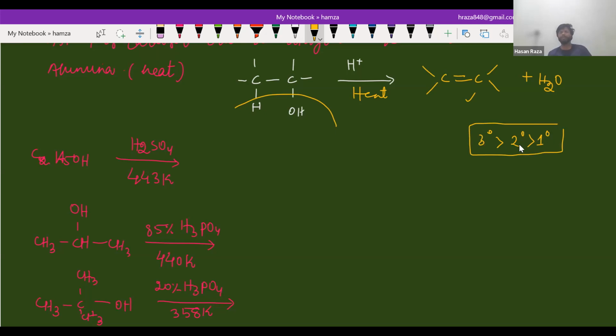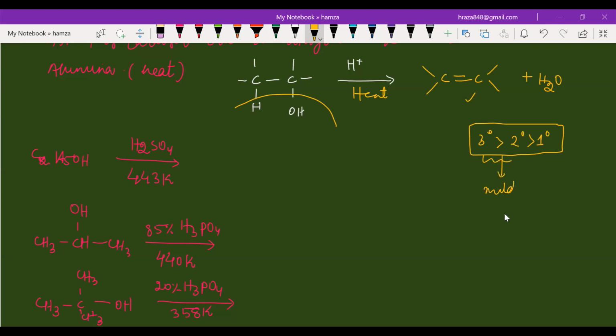Since the tertiary carbocation is very stable, that's why. So please write the name of the product. So in tertiary and secondary, milder conditions.